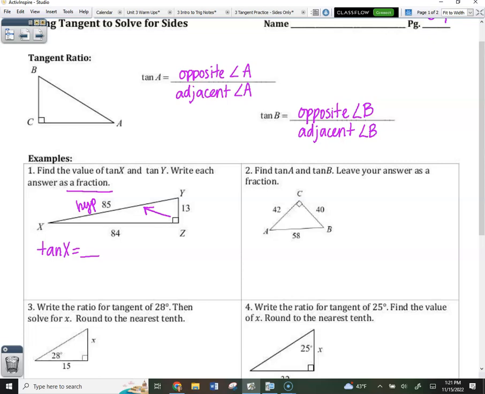All right, so what's the formula for tangent? Opposite over adjacent. Okay, what's opposite of x? 13. What's adjacent? 84. Done. Now do tan y. What's it going to be? 84 over 13. Okay, what do you know about the number 13? It starts with a P. It's a word in math that means it's only divisible by 1 and itself.